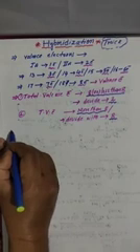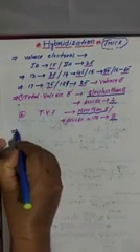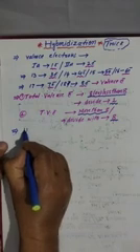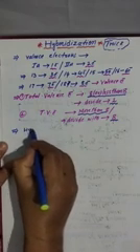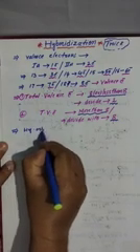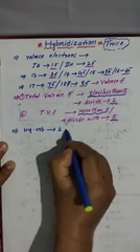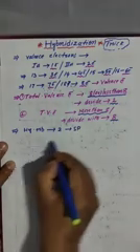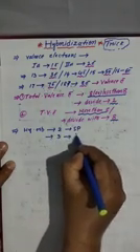Before going to that, I will give some information. If the number of hybrid orbitals is 2, we call it sp hybridization. If hybrid orbitals are 3, that is sp2 hybridization.